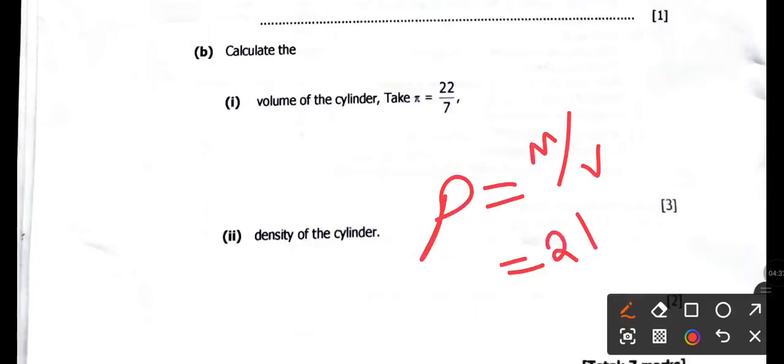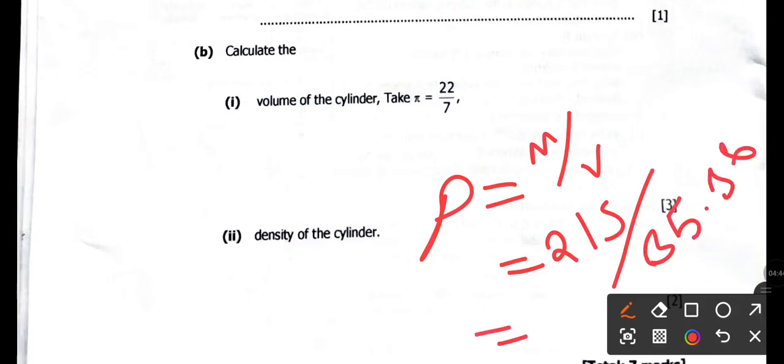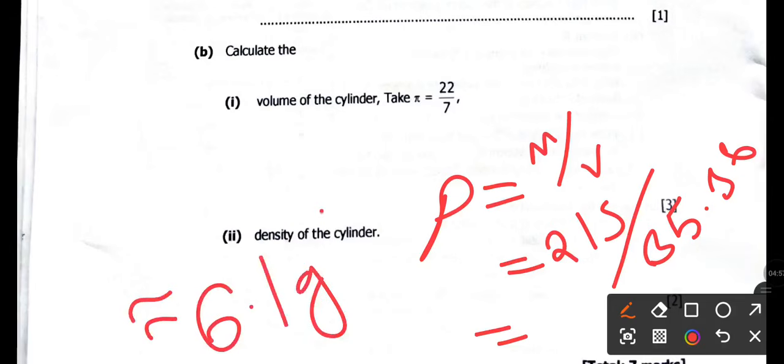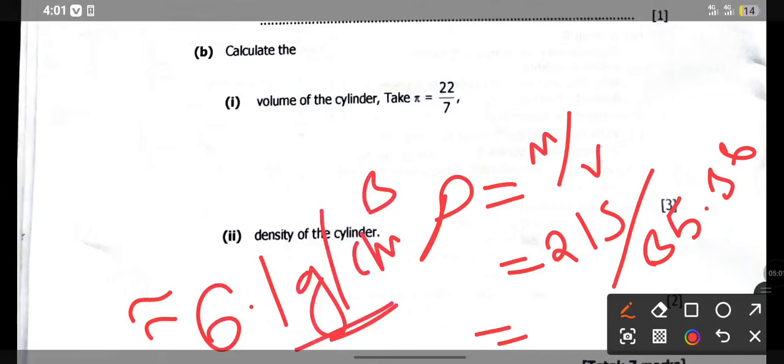The mass is 215, and my earlier calculation of the volume was 35.336. If I do my calculation here, I'm getting a value of roughly 6.1 grams per centimeter cube. So that's my density.